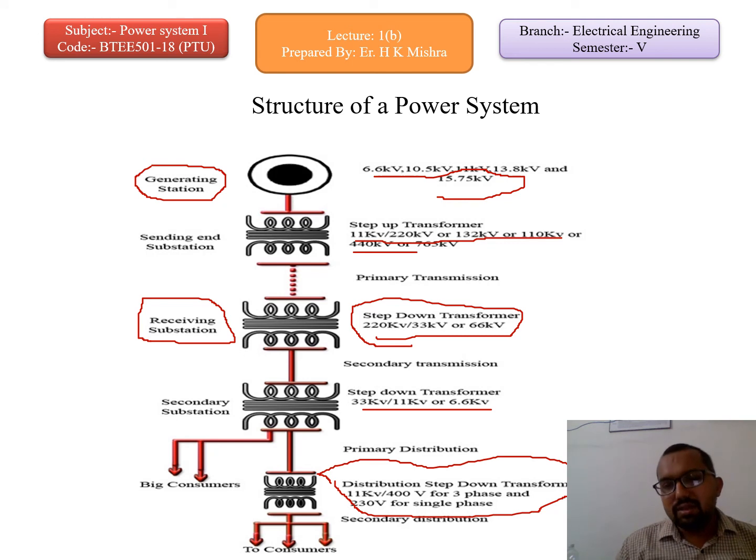This is called the secondary distribution network, where the supply goes directly to the consumers, and the consumers are connected through this supply.